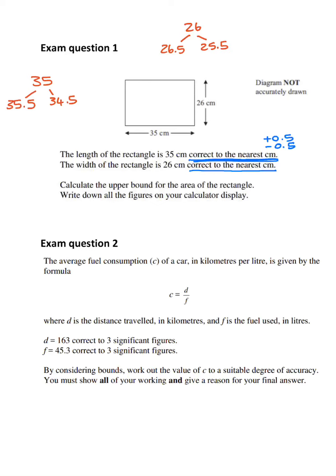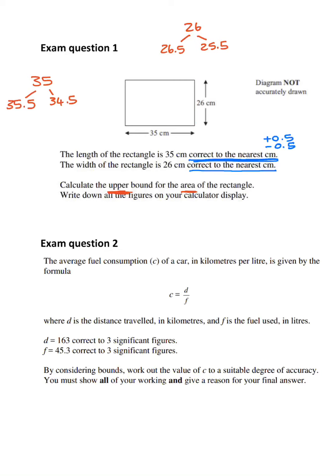Now the question says calculate the upper bound for the area. So I want to work out what will give me the biggest possible answer for area. So if I want to get the biggest possible answer for area, I'd have to take my maximum possible length and multiply it by my maximum possible width.